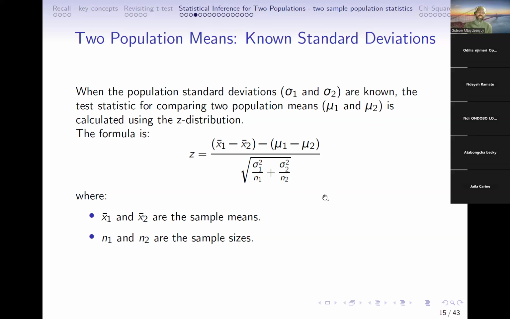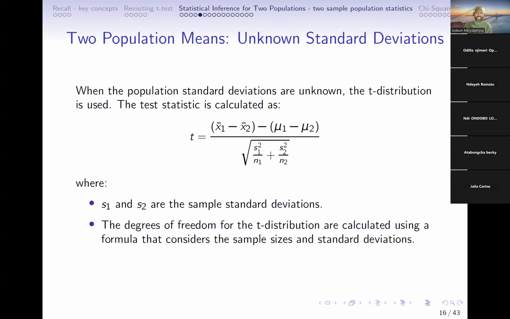So this will give you the approximation error that you're making, and then you can decide how close or different these two statistics are between two populations.